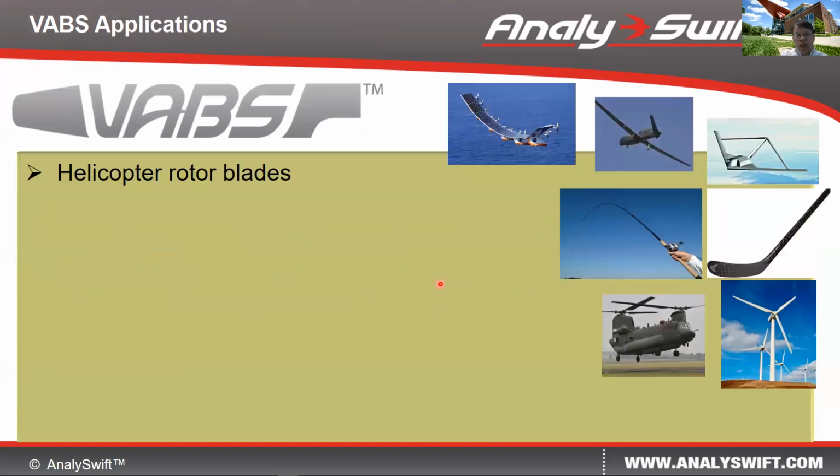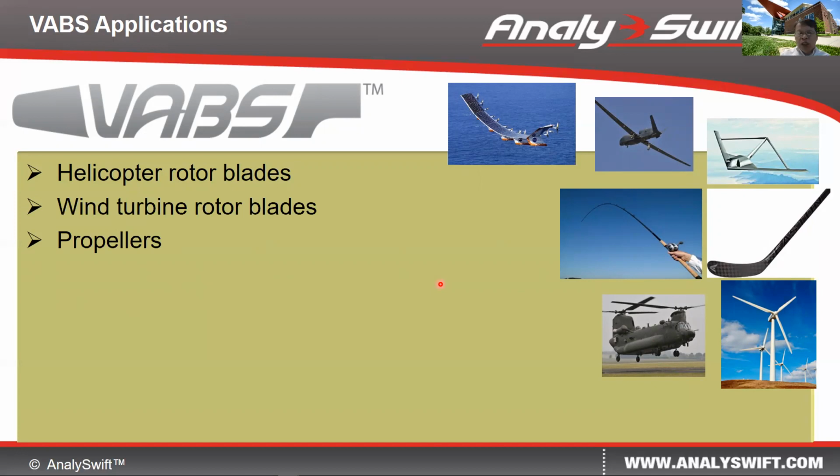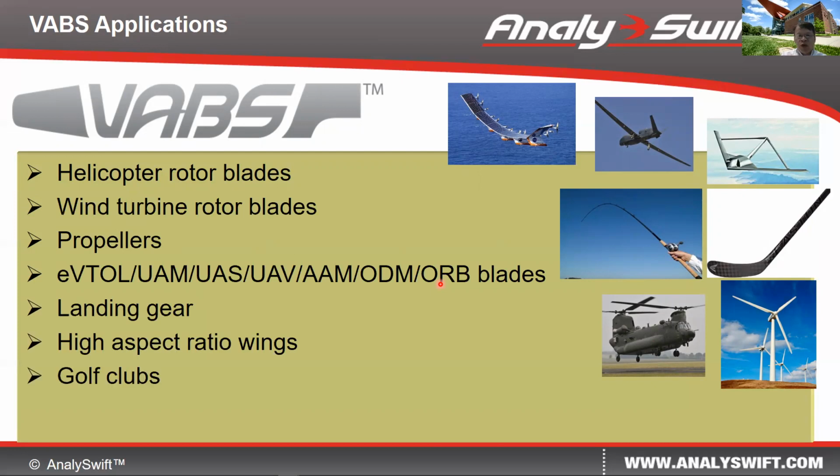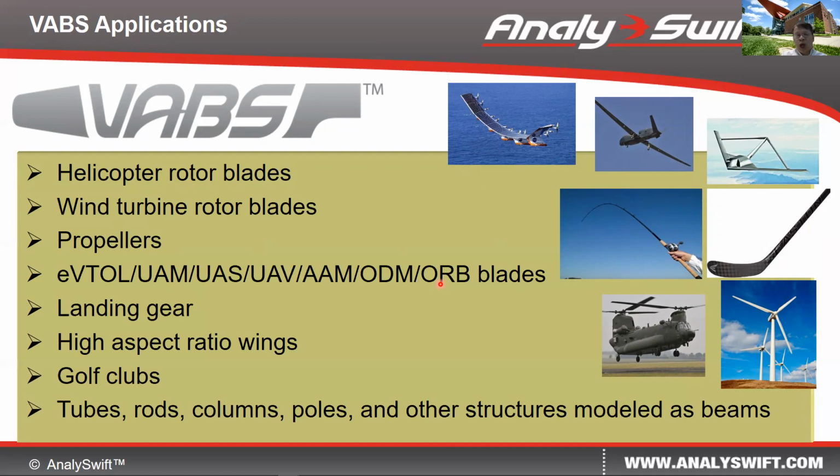VABS can be applied to predict and model helicopter rotor blades and wind turbine blades, and it can also be used to deal with propellers and the eVTOL blades we just mentioned, UAVs, landing gears, high aspect ratio wings, golf clubs, tubes, rods, columns, poles, and other structures modeled as beams.